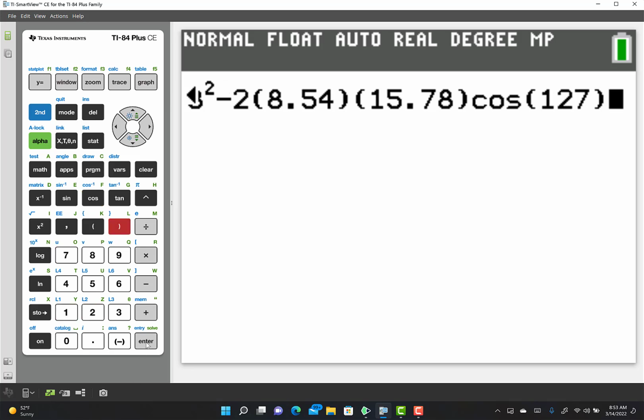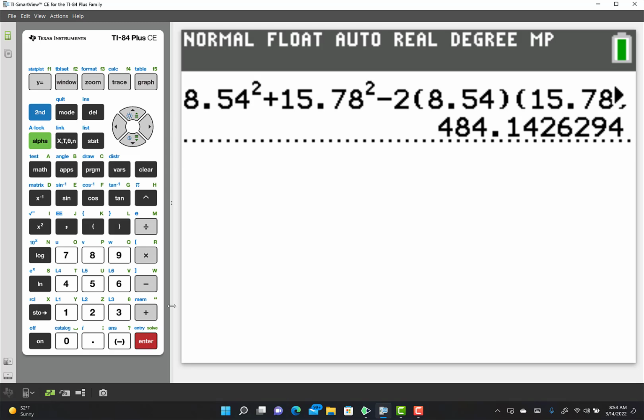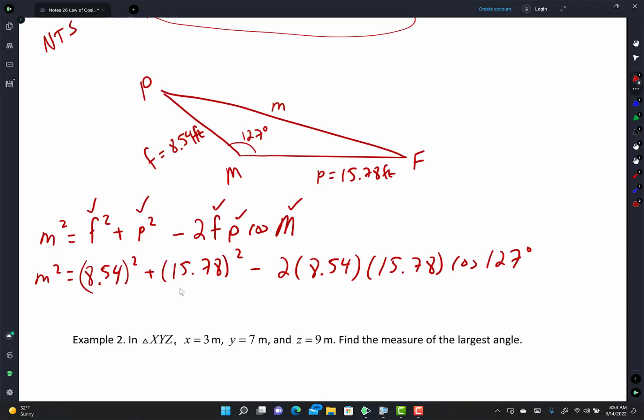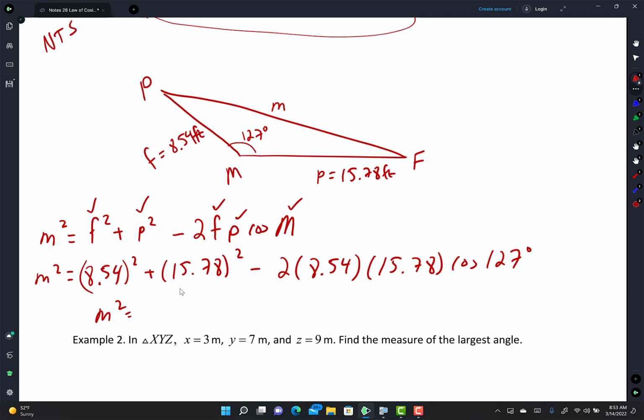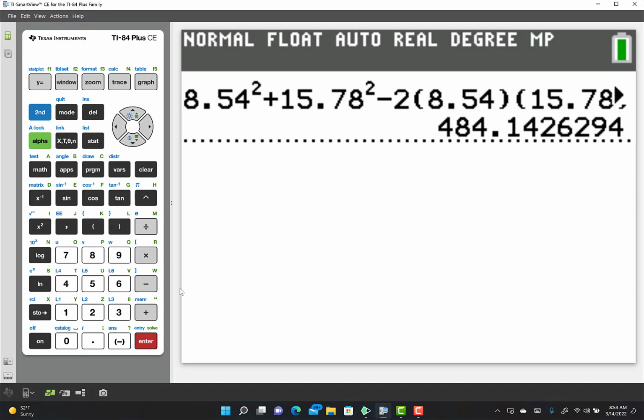Push enter. Now be careful. That is not the length of m. That's m squared, right? So let me go here and I'm going to write m squared equals 484.1426. I already forgot it. Short-term memory, guys. 1426.